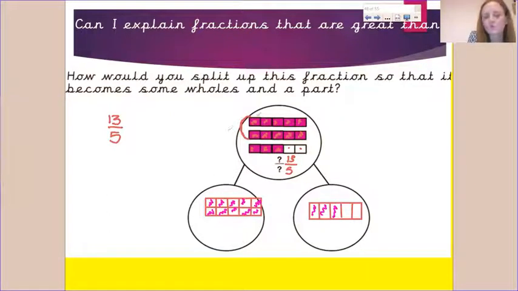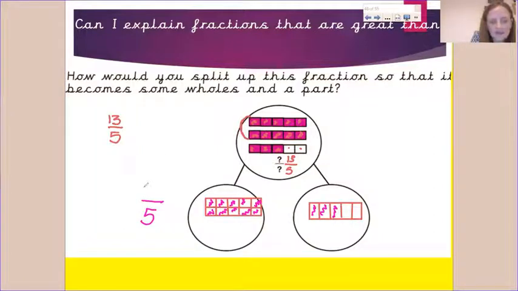Well, the reason we don't do that is because it is showing us that is one whole. That is one whole. They are not joined together. So I know that my shape is over 5. One whole was made up into 5 equal pieces.